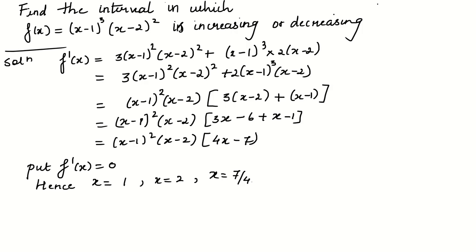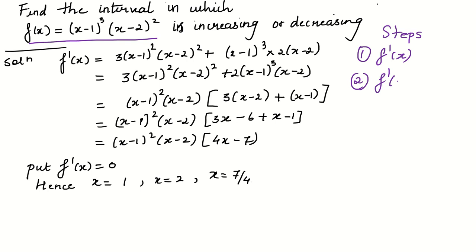Second problem was this. Find the interval in which this function is increasing and decreasing. So usually the first step is f dash of x. The second step will be f dash of x equal to 0. The third step will be find x, all the points.